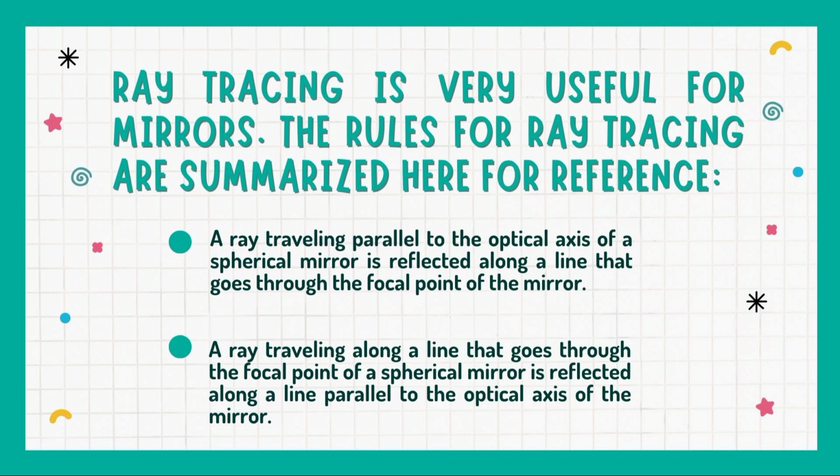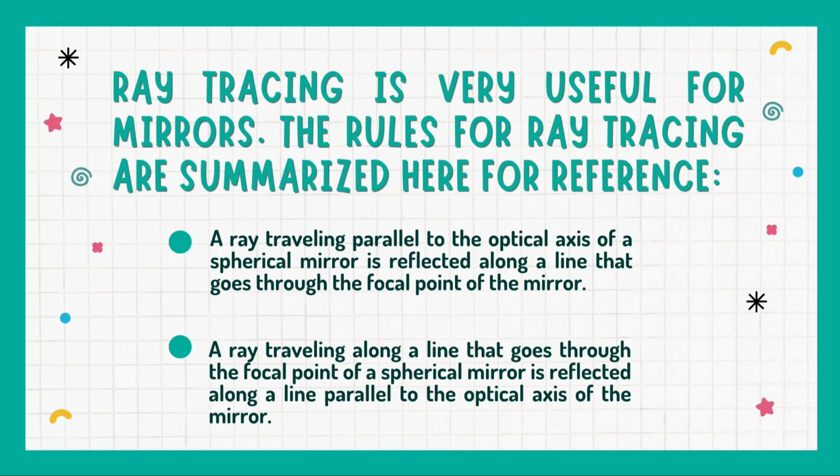So the first summarized rule of ray tracing is: a ray traveling parallel to the optical axis of the spherical mirror is reflected along a line that goes through the focal point of the mirror. Imagine you have a curved mirror like a spoon. The optical axis is just an imaginary line through the center of the mirror.